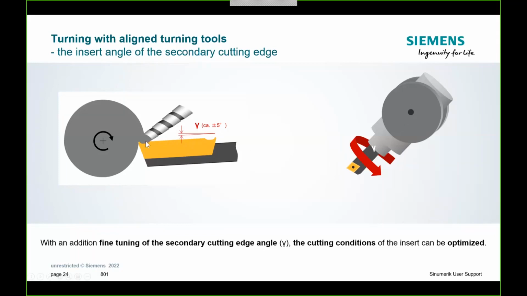But if maybe I need a little more rotation to get a better engagement of my tool, or maybe I'm trying to get a little more chip break out of it, I can rotate that cutter engagement to get maybe a better relief at the bottom of the cut. Whatever it is, to fine tune that cut using the gamma.